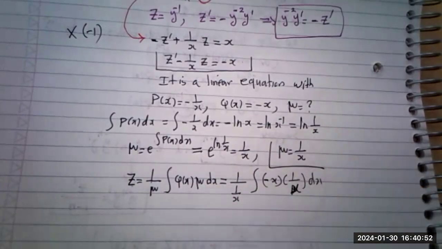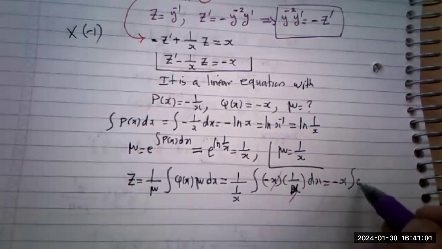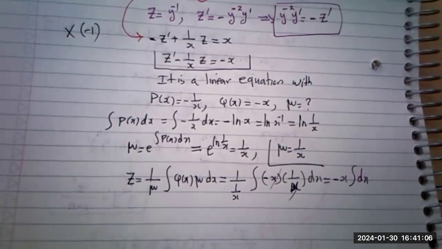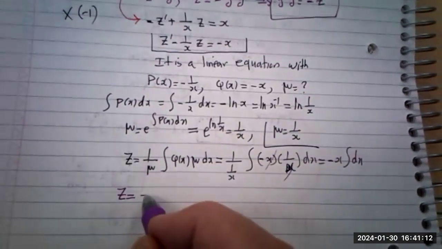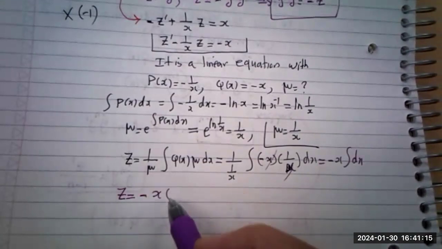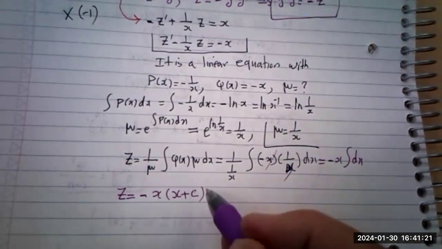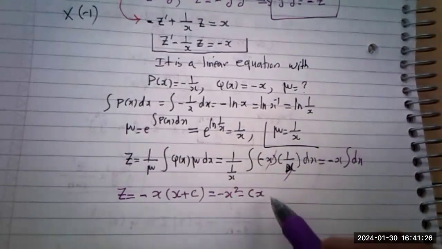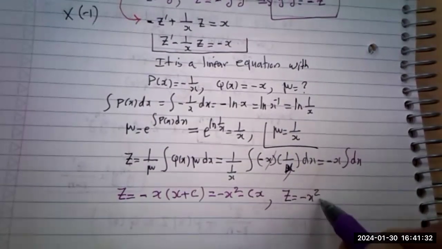Mu is 1 over x, so the x and x will disappear. You use the reciprocal, so that gives you x, negative x. It's going to be negative x times the integral of dx. Integral of dx is just x plus c. So z is equal to negative x times x plus c. You multiply it, and that gives you negative x squared minus cx. So z is negative x squared minus cx.